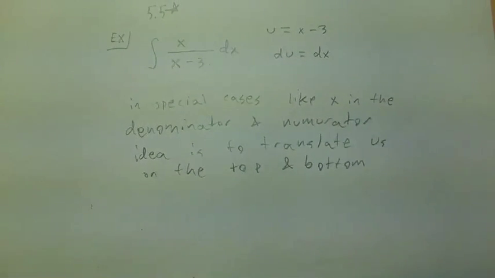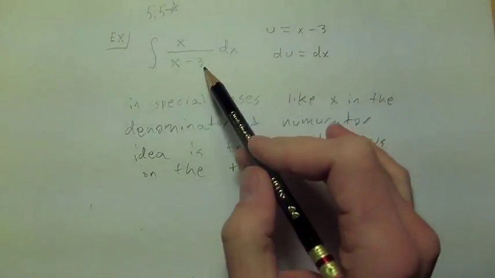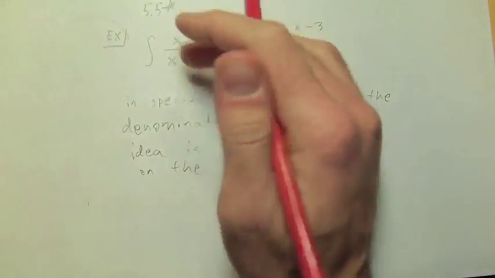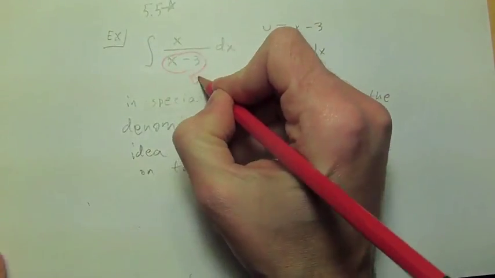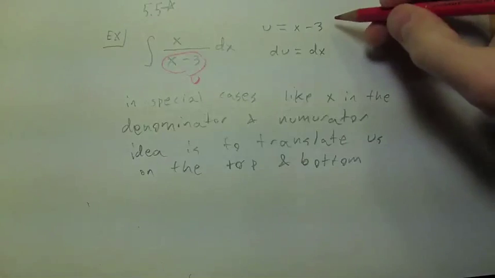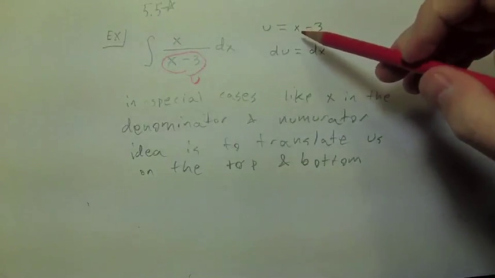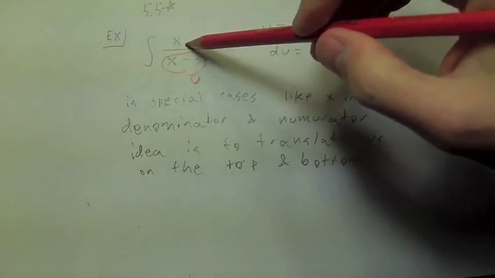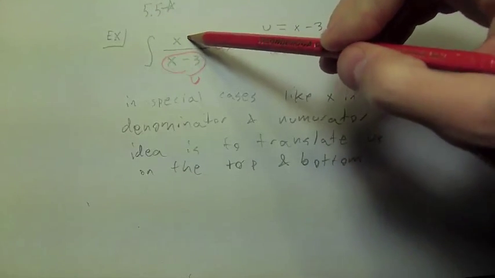Here's how. I have that u is x minus 3, so the denominator I know is simply u. But the numerator is simply x.